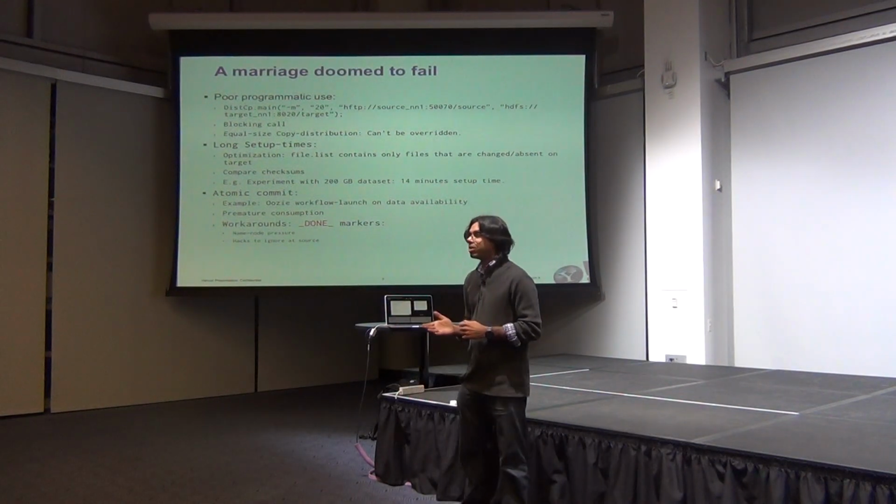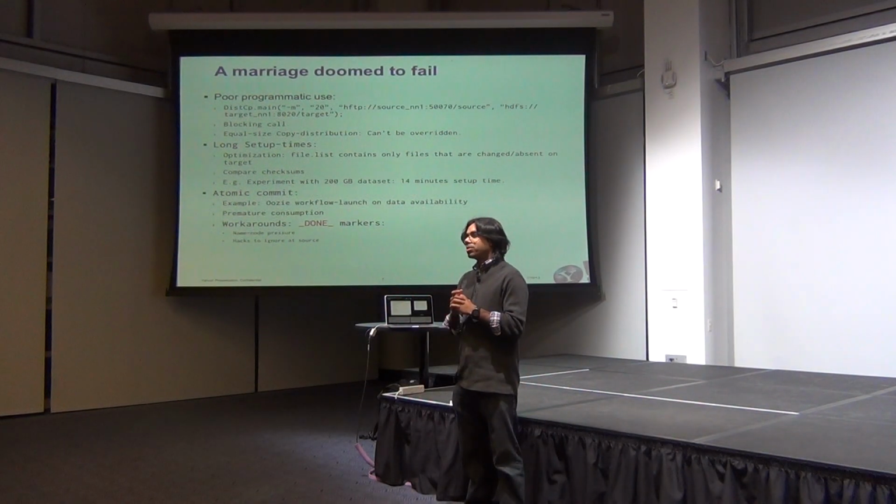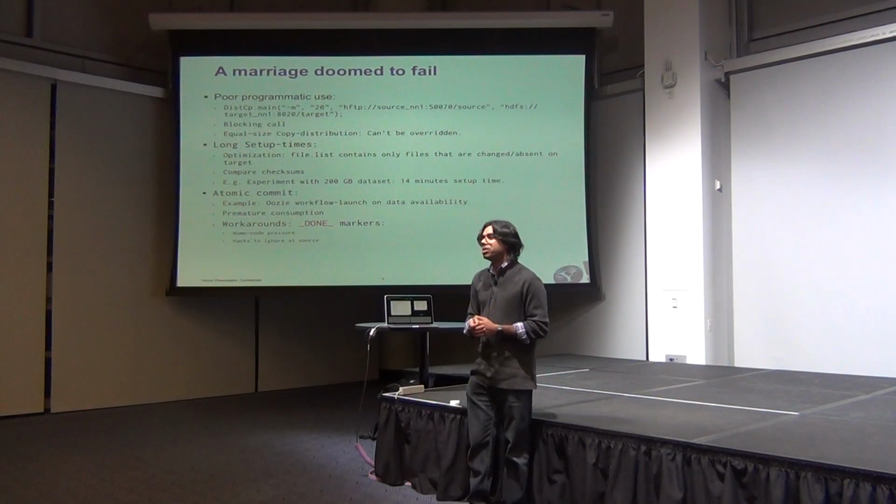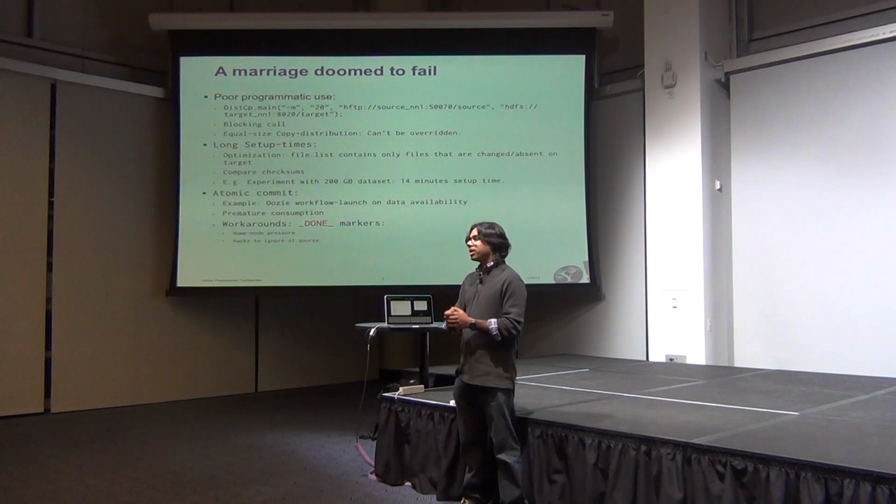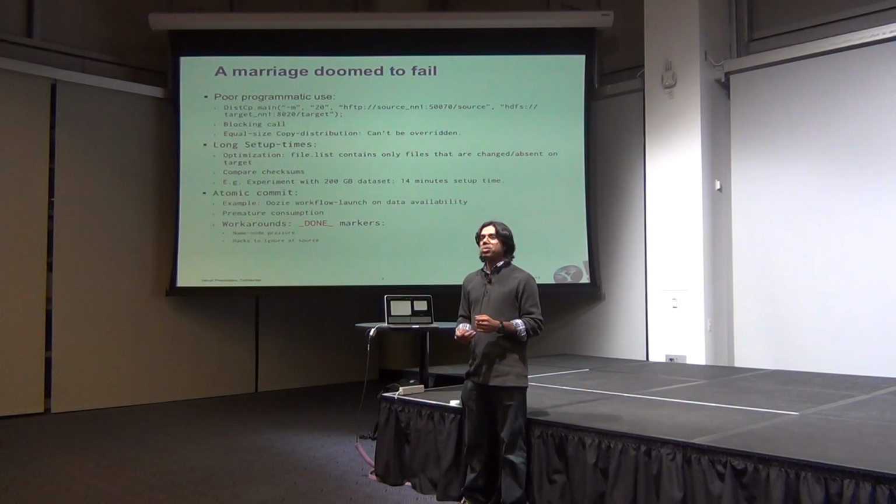Let's take the example of an Oozie workflow. So assume you have an Oozie workflow that needs to launch when data is available in a directory. Now, assume that directory is being written to by DistCp.